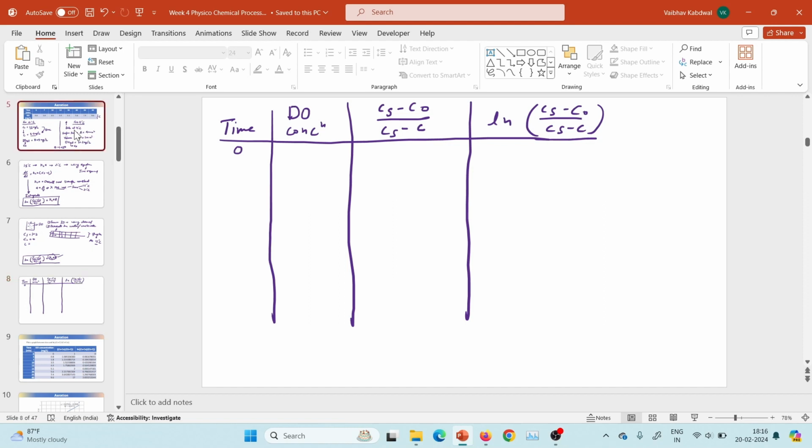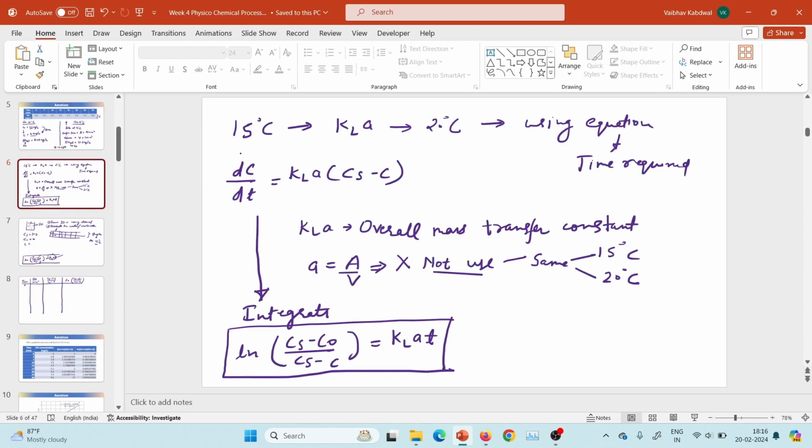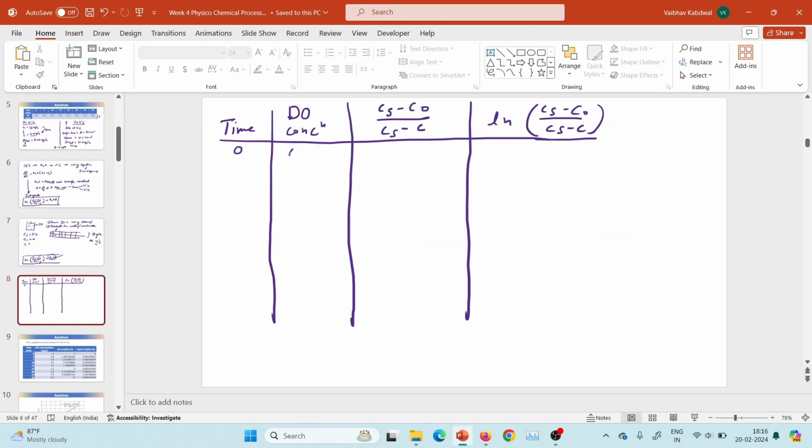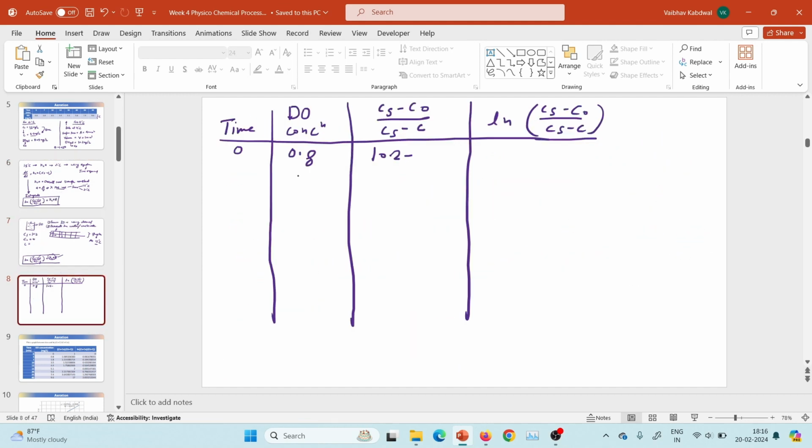So the first value is 0.8 at 5 minutes. So how will we calculate? Let me check the formula, Cs minus C0. So it will be 10.2. C0 is 0 because we removed all the DO present in water, and then we start the test.